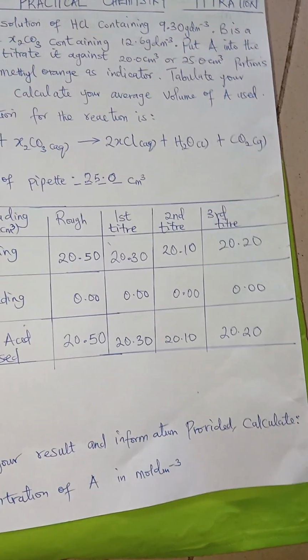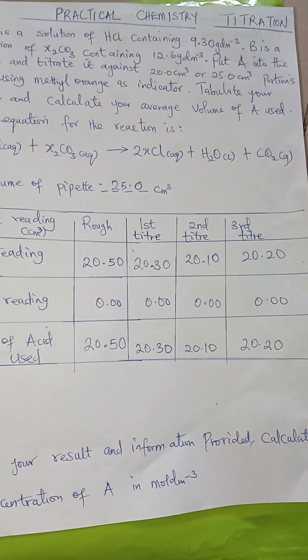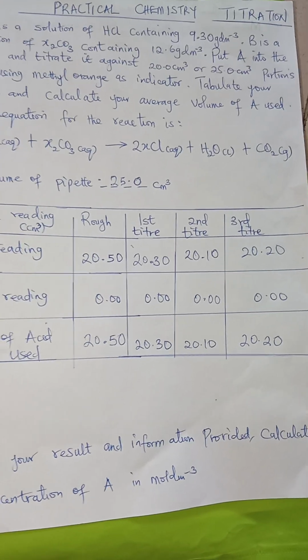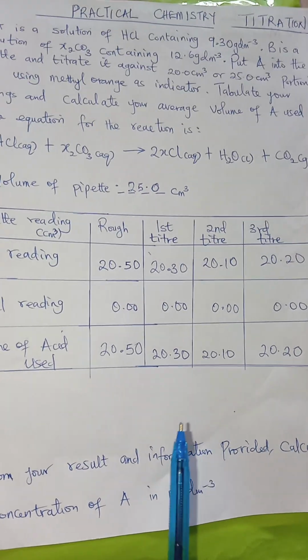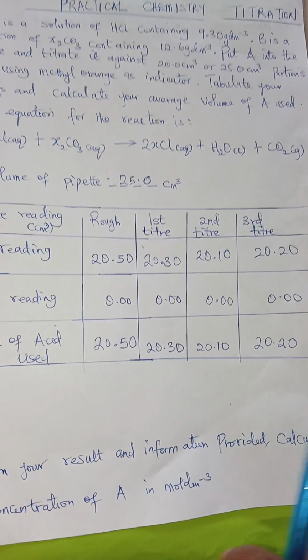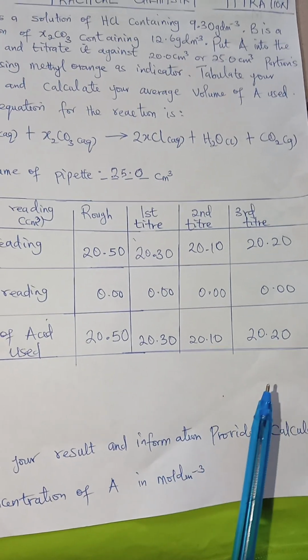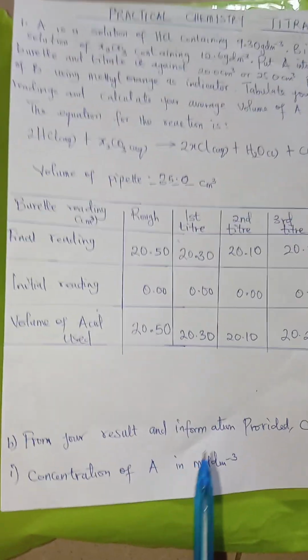Okay, you must have been told what concordant and consistent values are. If the difference among these values is plus or minus 0.10, 0.15, 0.20, or 0.30... each of these differences has a mark allocation.